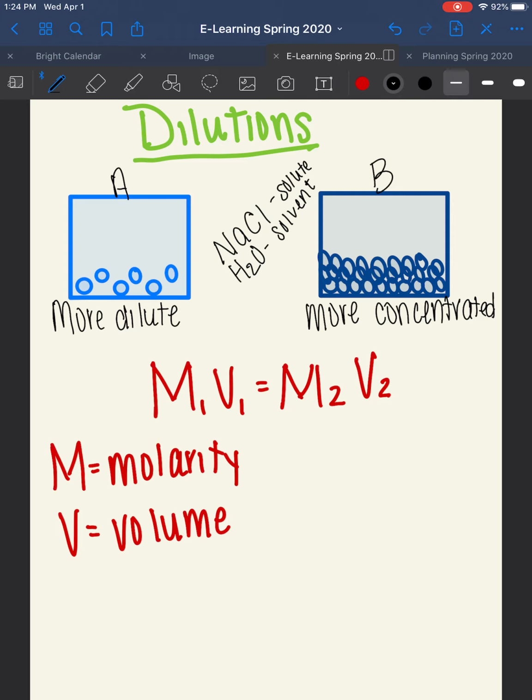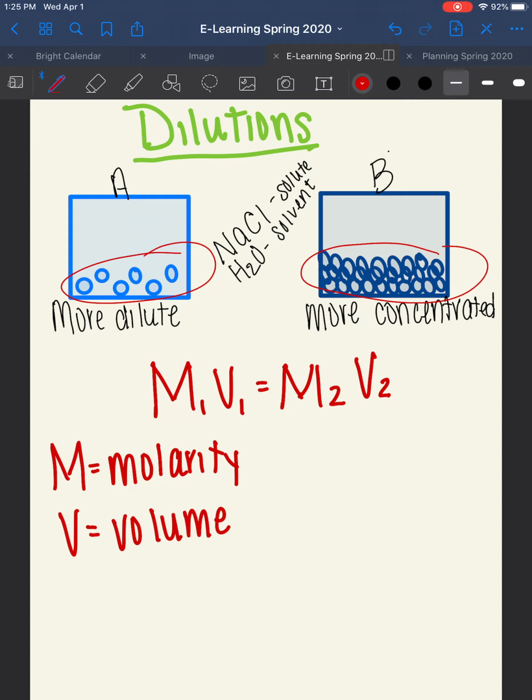Solution A is considered to be more dilute because it has fewer particles of sodium chloride in the same volume of solution than solution B, which has a lot more particles than solution A. So solution B is considered to be more concentrated and solution A is considered to be more dilute.